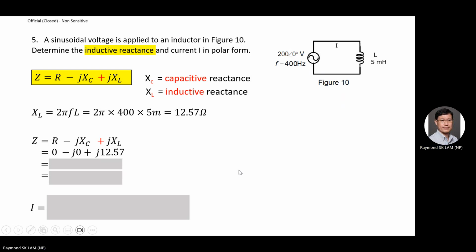Later on. Okay, so now all this is 0, so you have J 12.57. So far is it okay? And as usual, we want to convert to polar form because we know that later on we need to do division, correct? Just as I mentioned already, if you want to do division for complex number, you have to use polar form.